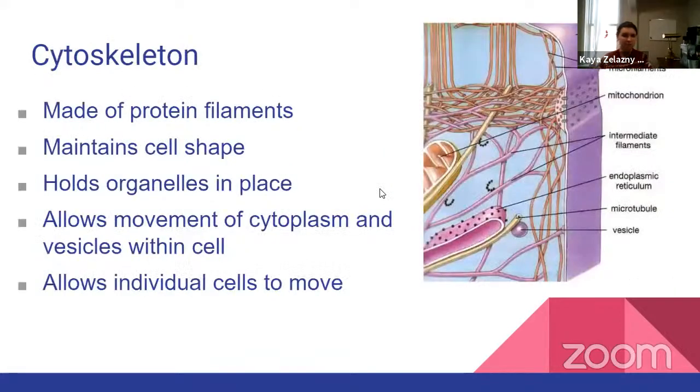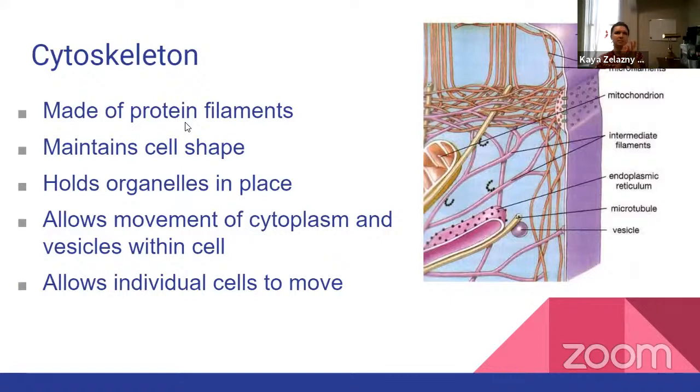The final thing we want to talk about is the cytoskeleton. So the cytoskeleton is not made up of membranes. So you would expect to see this broadly in lots and lots of types of cells. The cytoskeleton is itself made of proteins. So the cytoskeleton is kind of like a scaffold.